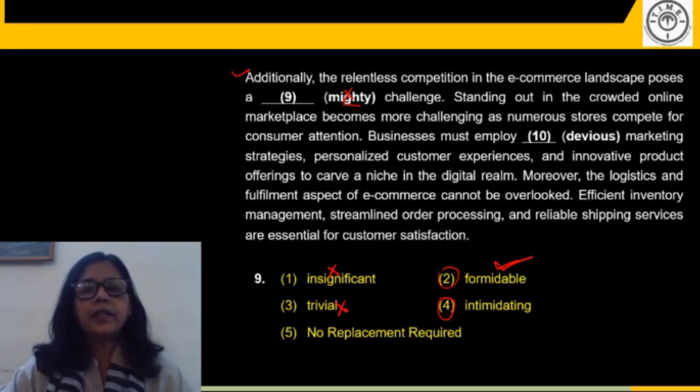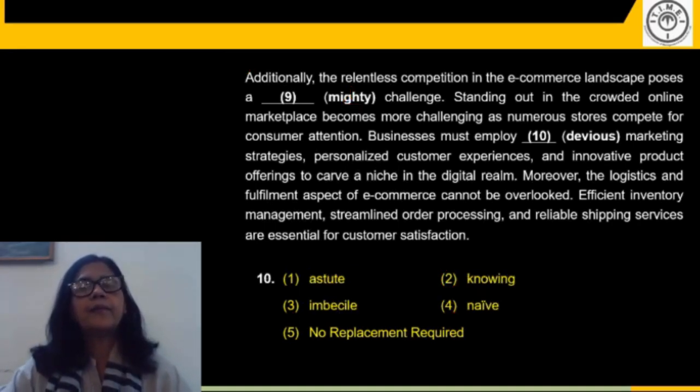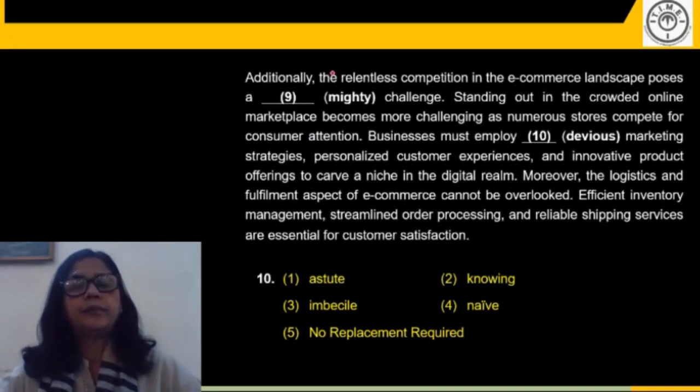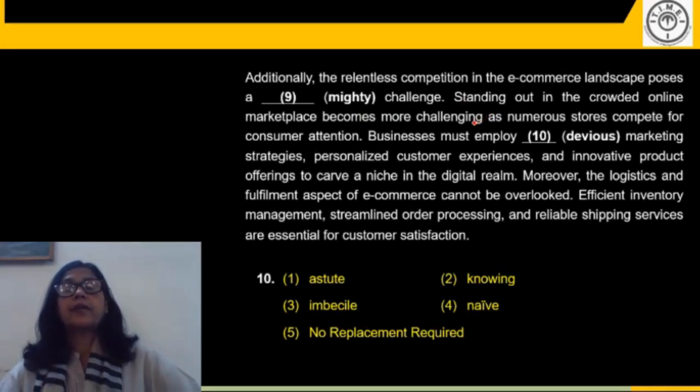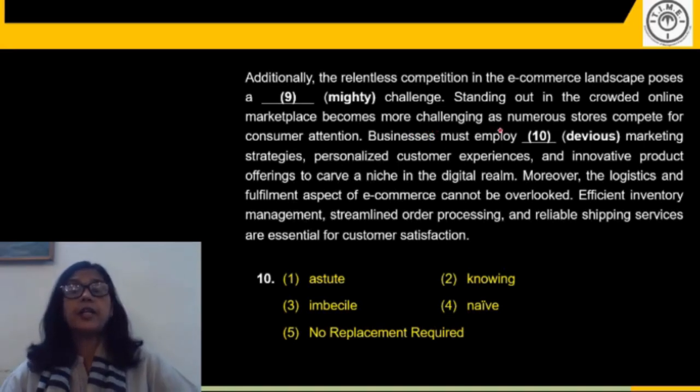Now on to the next blank over here. So formidable challenge, standing out in the crowded online marketplace becomes more challenging as numerous stores compete for consumer attention. So competition is tough.